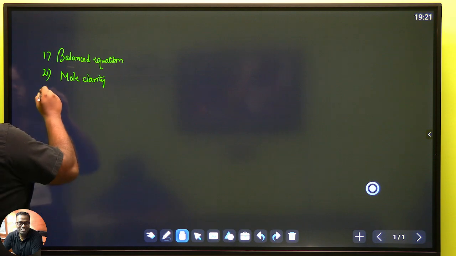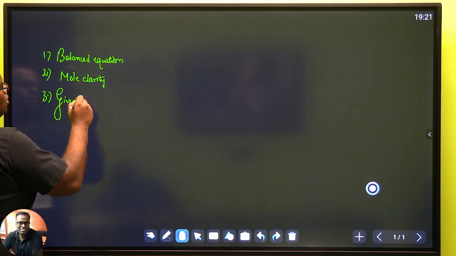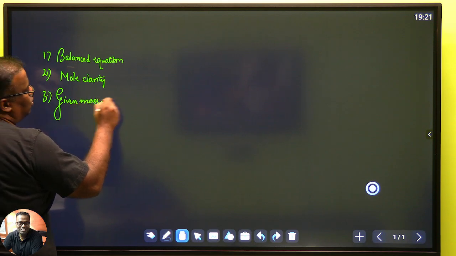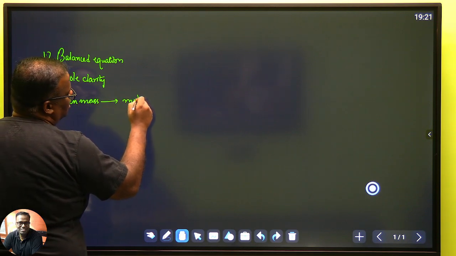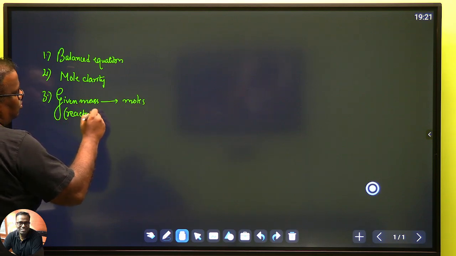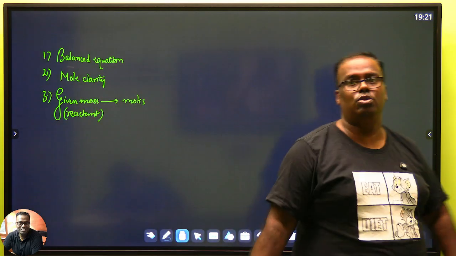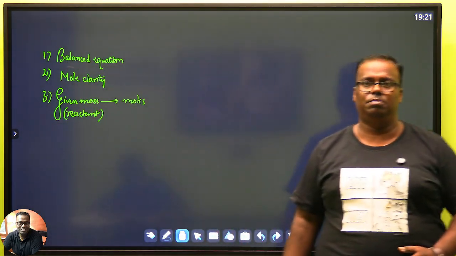Then whatever mass is given, you convert that into number of moles, typically for the reactant. These 3 steps are required, and that will make your picture absolutely clear on how to solve this problem.